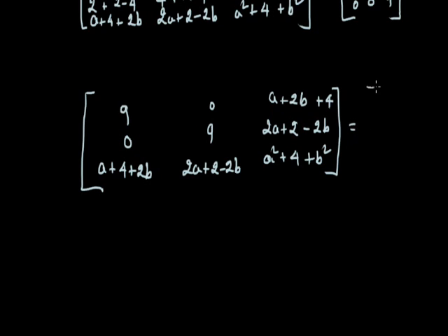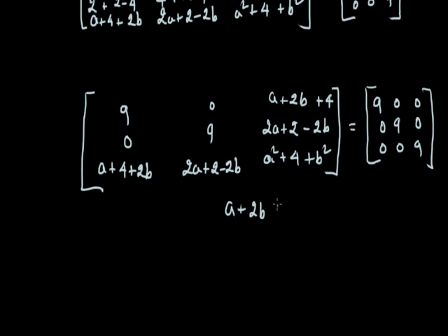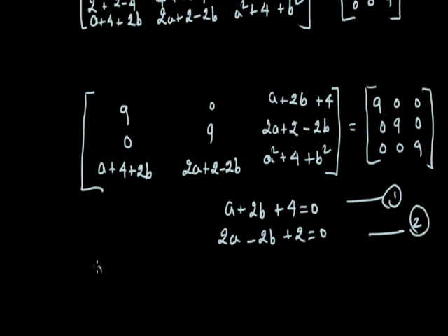Now this is equal to [9, 0, 0; 0, 9, 0; 0, 0, 9]. Now when we compare these two matrices, a plus 2b plus 4 equal to 0. Now this is first equation. And 2a plus 2 minus 2b plus 2 equal to 0, second equation.